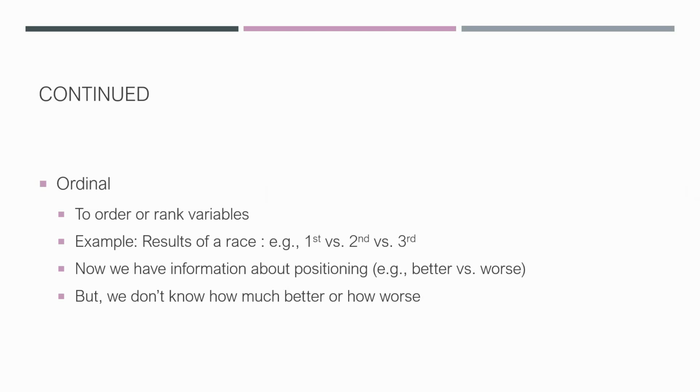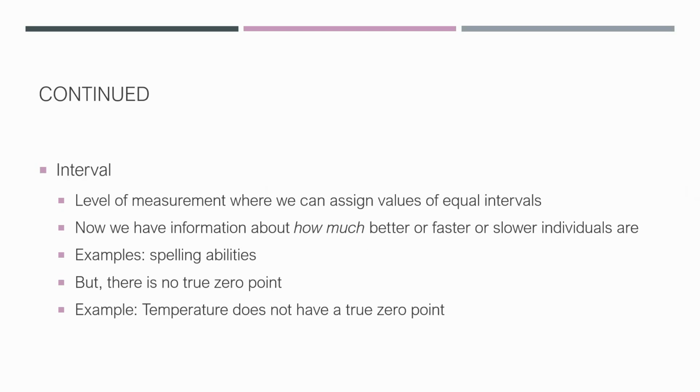We have no idea about the intervals between the different finishes, right? So to gain information about how much falls in between these levels, we have to adopt the interval level of measurement.